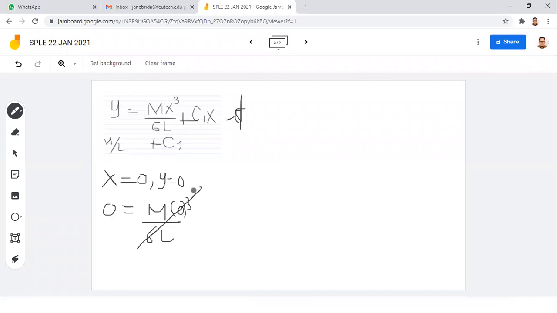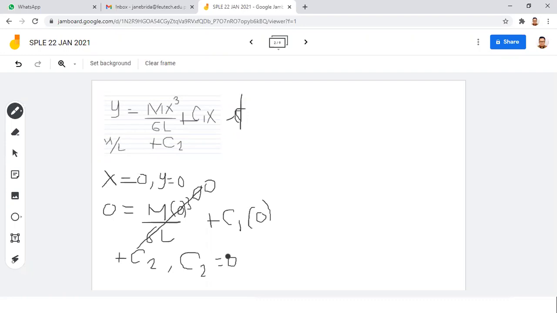Obviously, this one will become 0, plus C1x, which is also equal to 0, and then you have plus C2. Thus, we can say these are all 0, so C2 is equal to 0 as well.